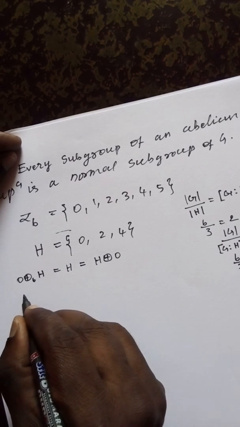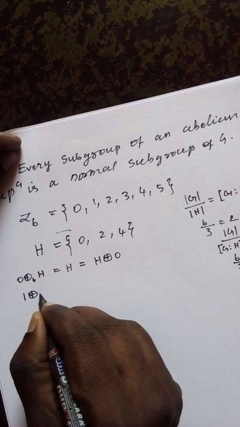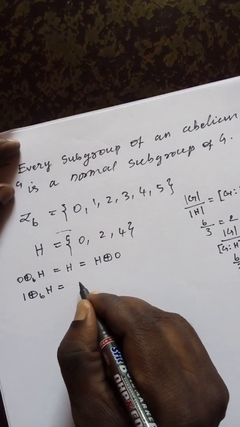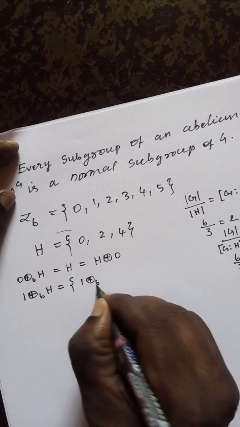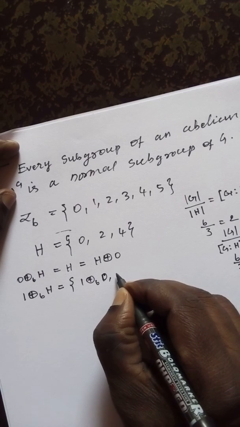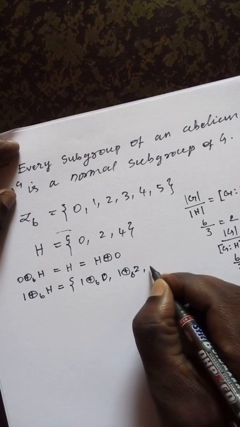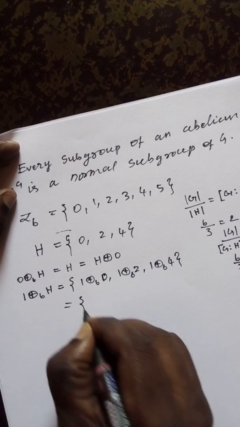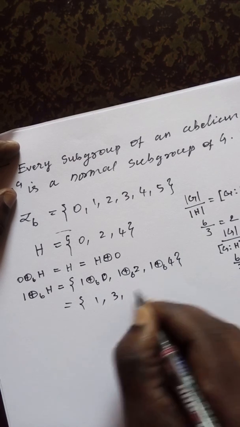Suppose you find the left cosets from the element 1. We find 1+0=1, 1+2=3, 1+4=5. This means 1, 3, 5.